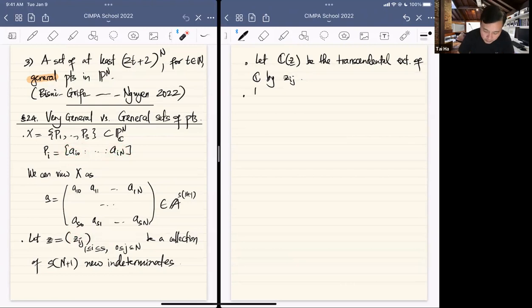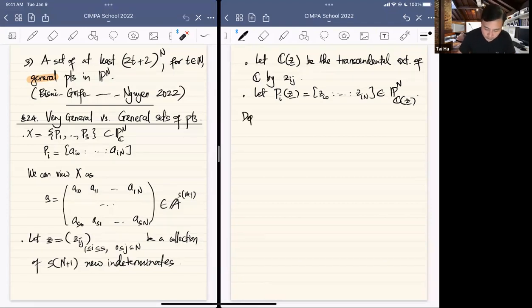Okay, so I'm going to let Pi(Z) be the point Zi0 up to Zin, and this is a point inside the n-dimensional projective space, no longer over C, but over this field extension. Right? So I have a field extension, and inside this field extension, of course, the Z are considered as numbers. I can look at the n-dimensional projective space over this field extension.